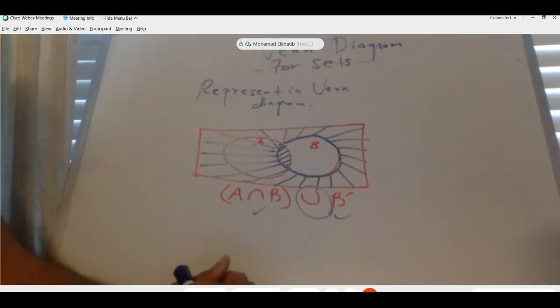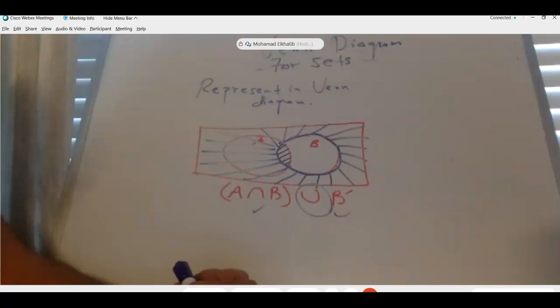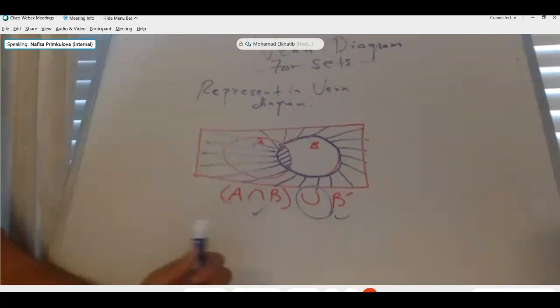For the intersection, the solution is the overlap part. Did you get it? Yes. All right. Okay, let's try another one.